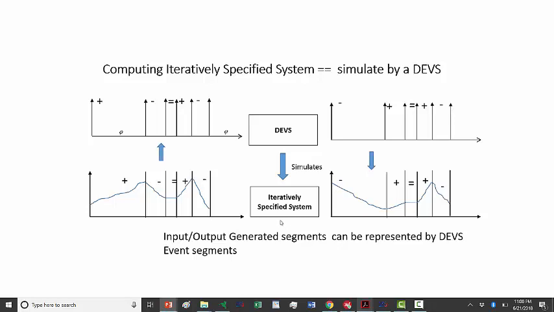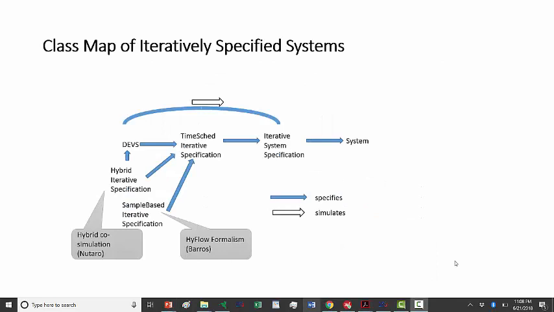Then it turns out that iteratively specified systems can be simulated by the DEVS subclass of iteratively specified systems. That involves encoding the generators coming into an iteratively specified system.